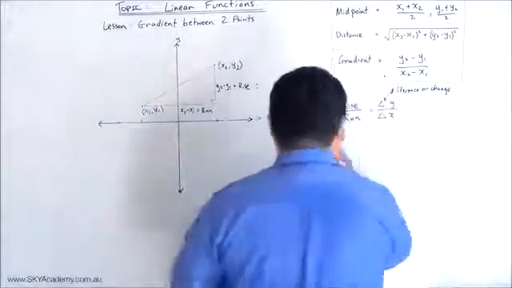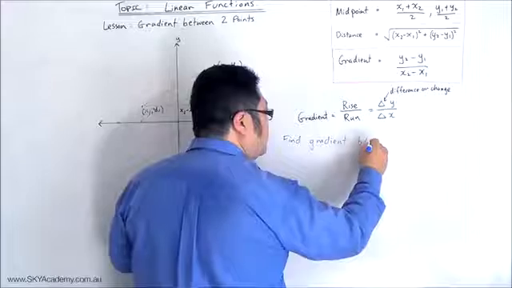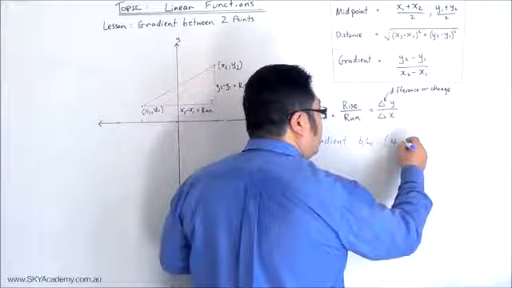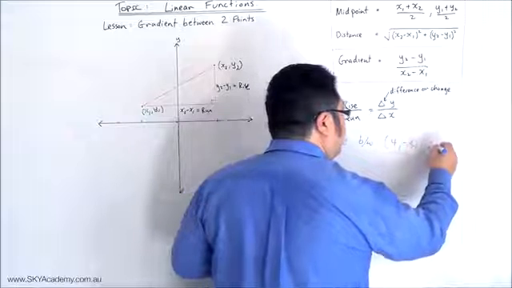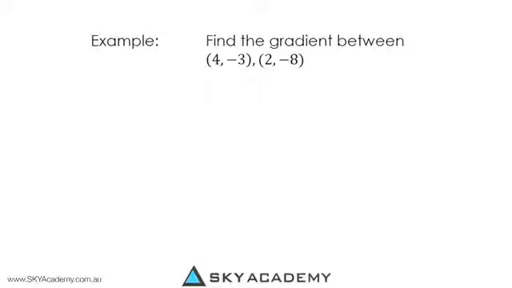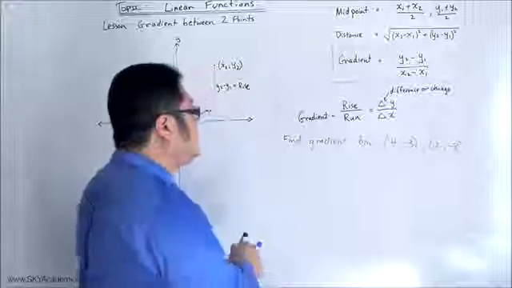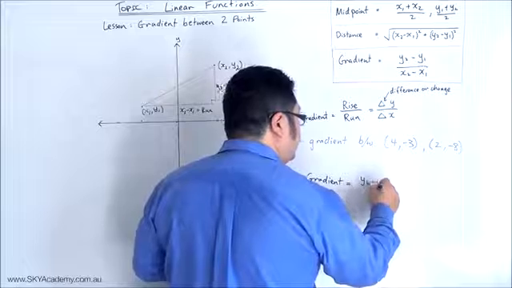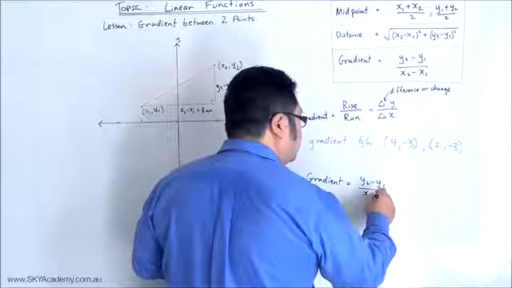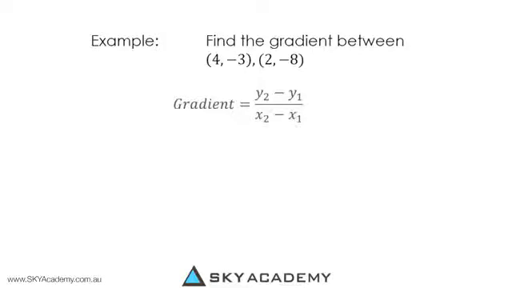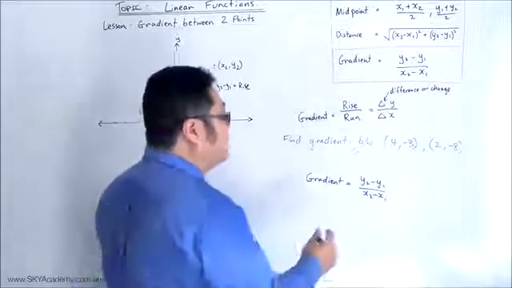Alright, so we're going to find the gradient between 2 points, say (4, -3) and (2, -8). Okay, so the gradient would be equal to y2 minus y1 over x2 minus x1. And then what we have to do is work out which one's which.